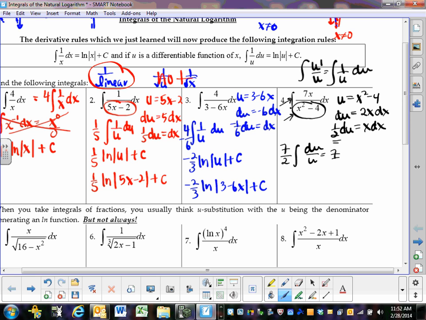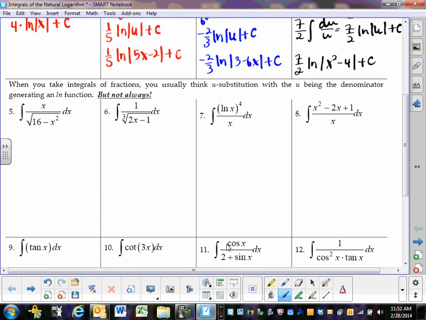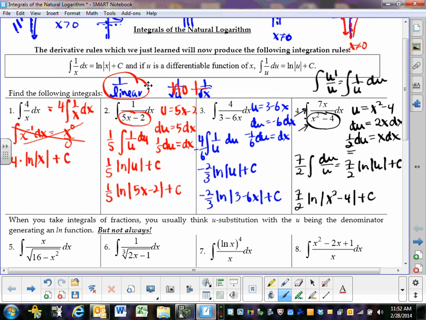So we have a u du over u situation. I'm going to pull out the 7, keep the half from the du, and have 1/2 du over u. So 7/2 natural log absolute value of u plus c. So 7/2 natural log absolute value of x squared minus 4 plus c.